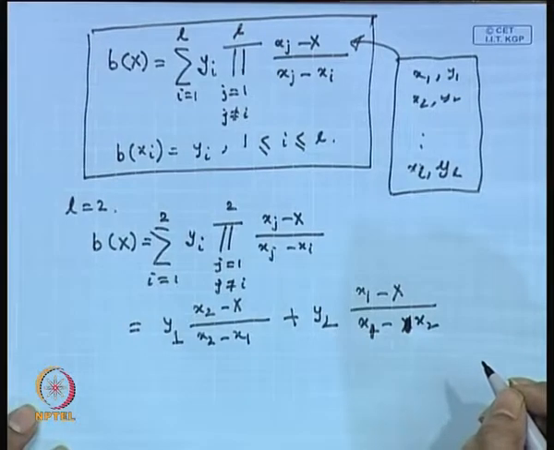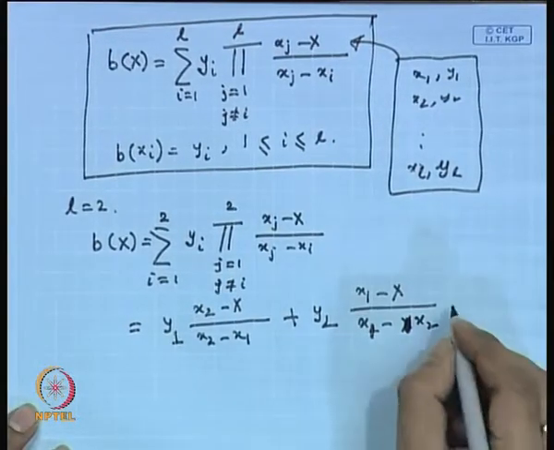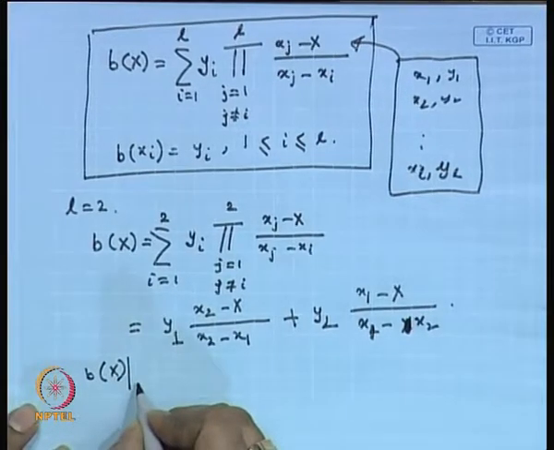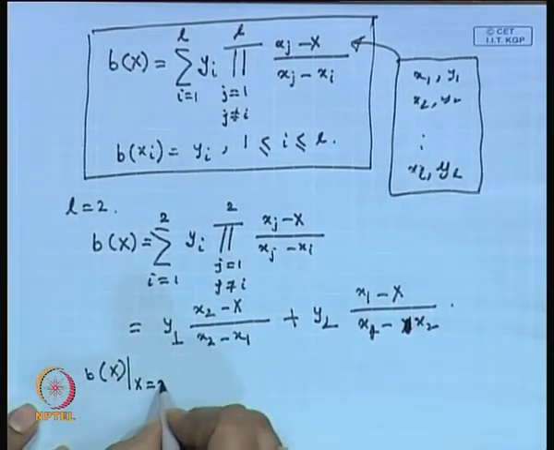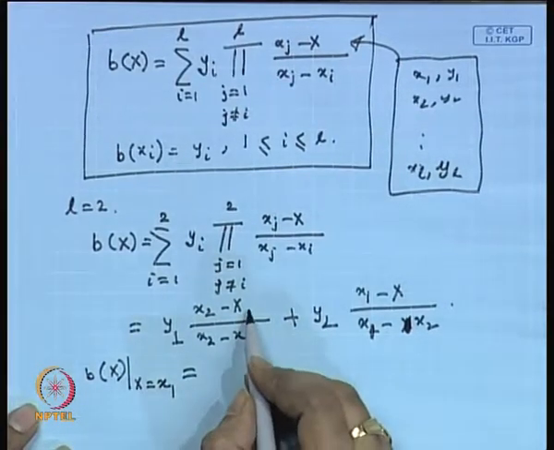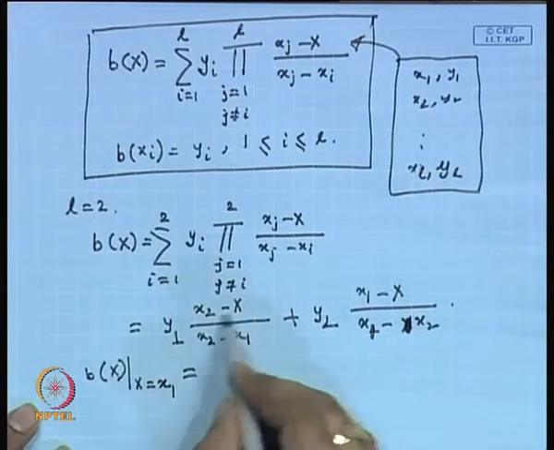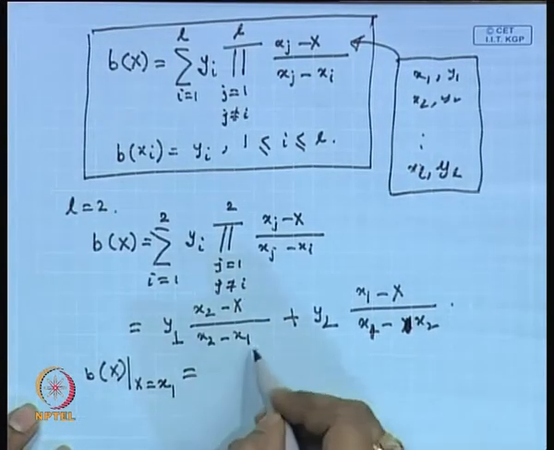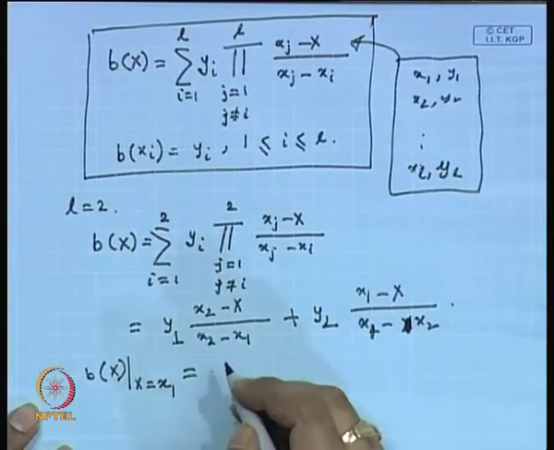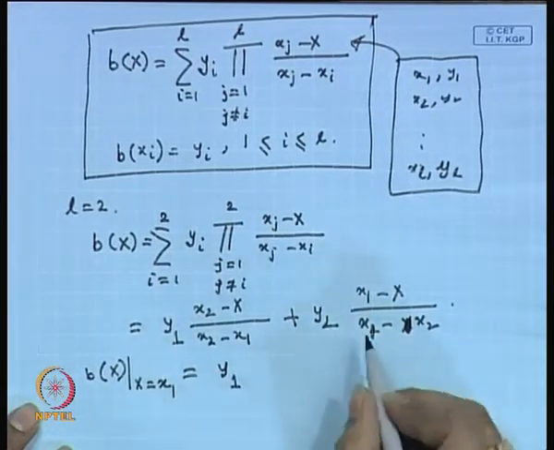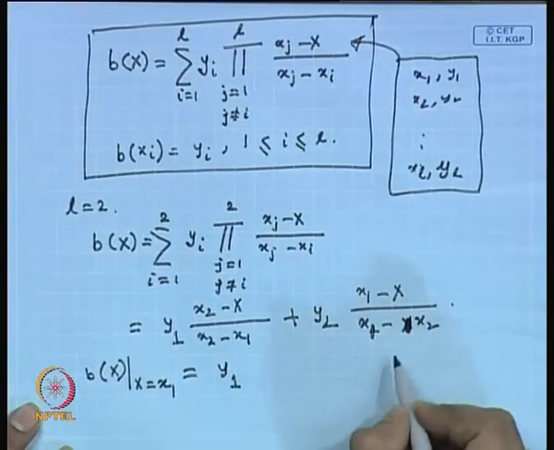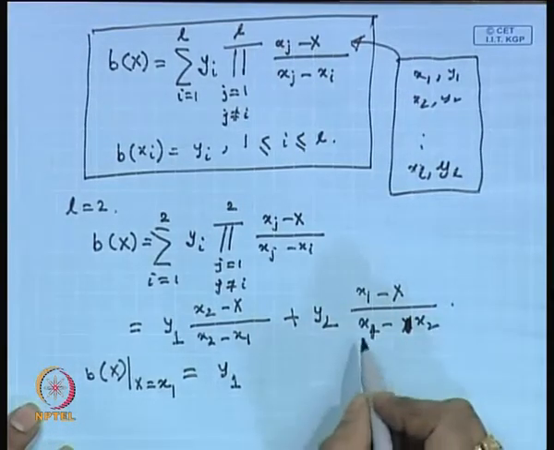Is it correct? So, now you see that in this polynomial, if you compute b(x) at the value of x being equal to x1, then if you substitute x1 here, this (x2 minus x1) by (x2 minus x1) becomes equal to 1, right. So, this is y1 plus y2 multiplied by a value that goes to 0.